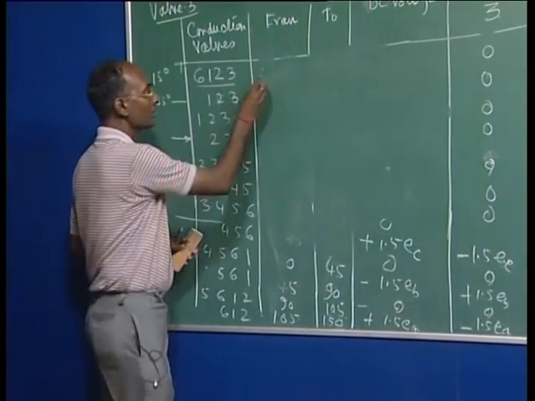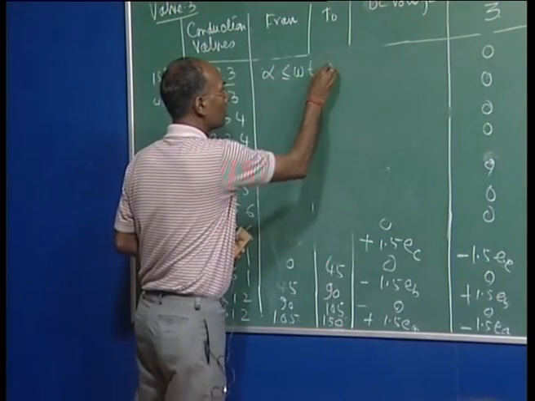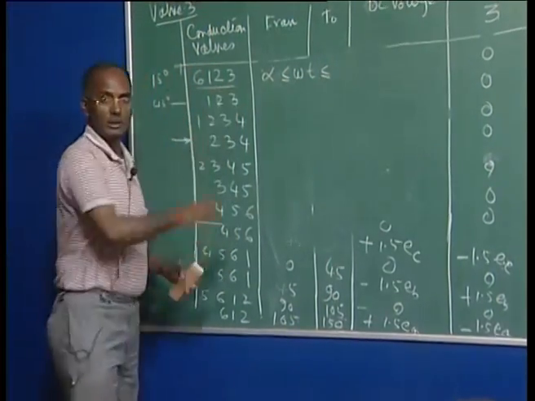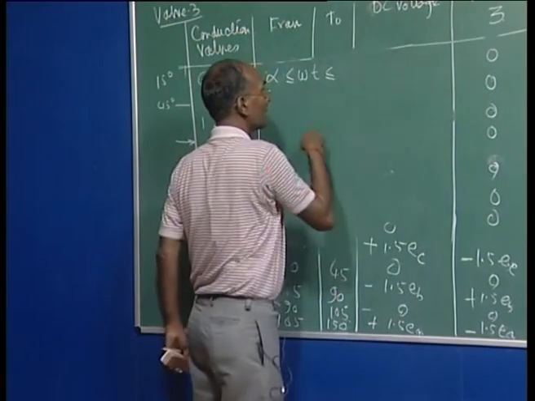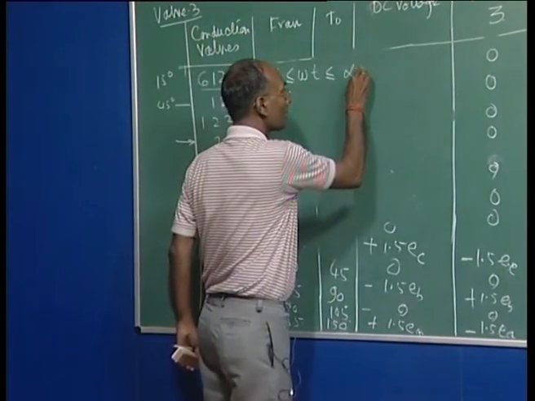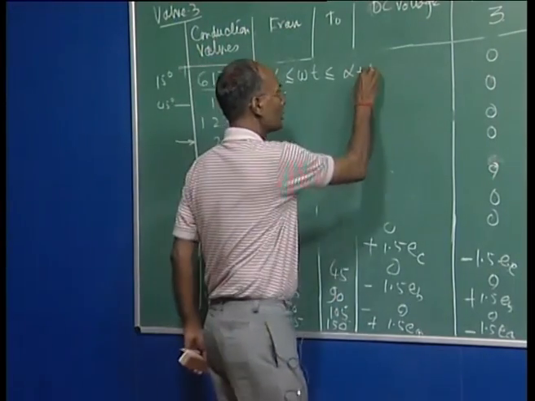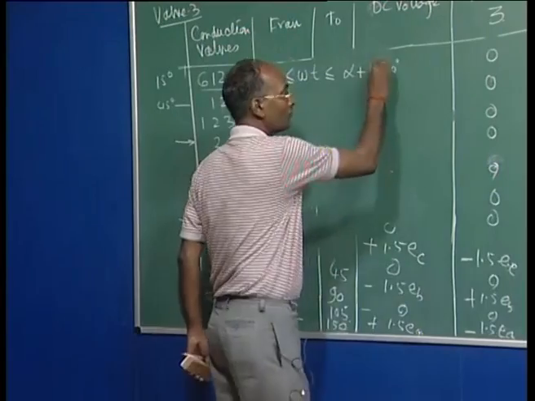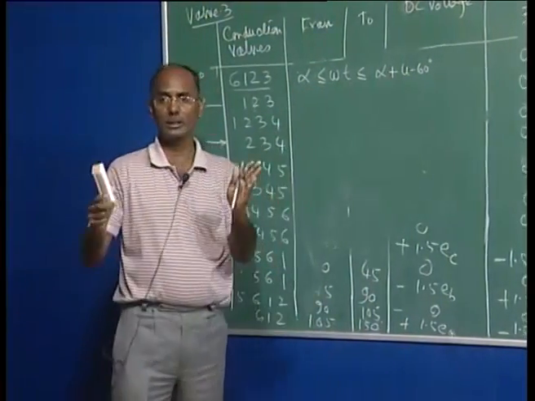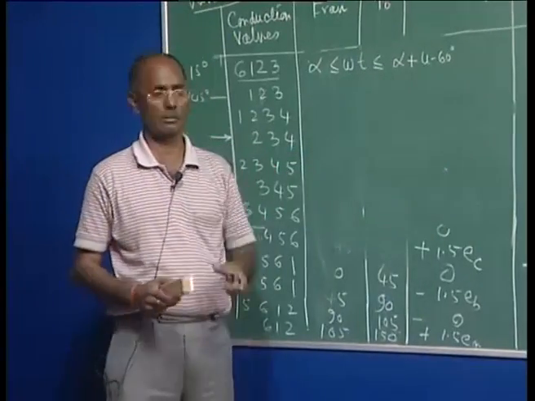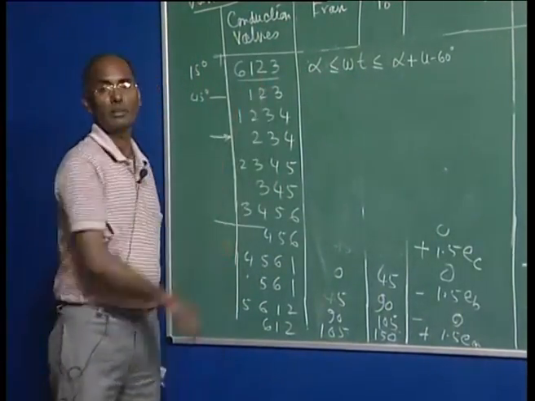So, I can say this is starting from alpha to omega t to a certain value, and this value was alpha plus u minus 60 degree. So, you can just subtract this minus this, that is the degree, that is the 15 degree we also calculated. So, this will be the phase when 6, 1, 2, 3 will be there.